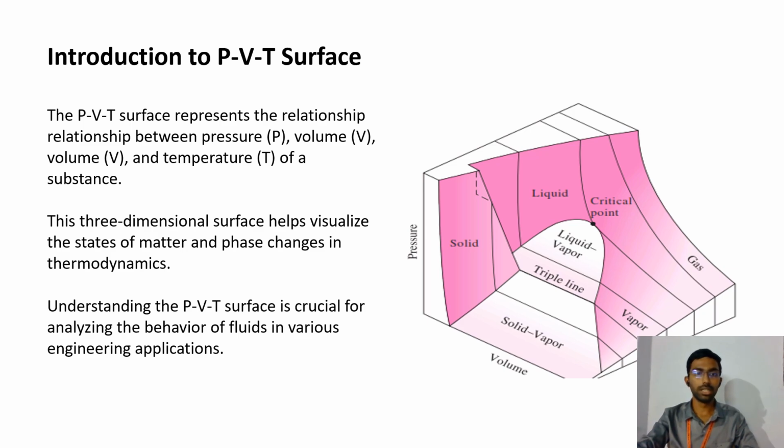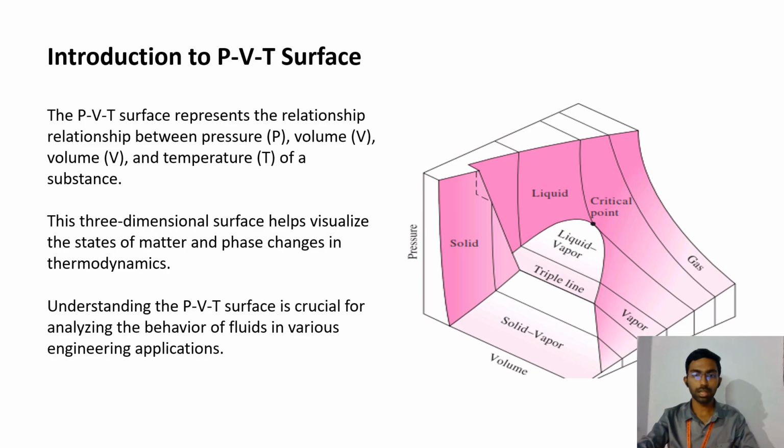This three-dimensional surface helps visualize the states of matter and phase changes in thermodynamics. Understanding the PVT surface is crucial for analyzing the behavior of fluids in various engineering applications.